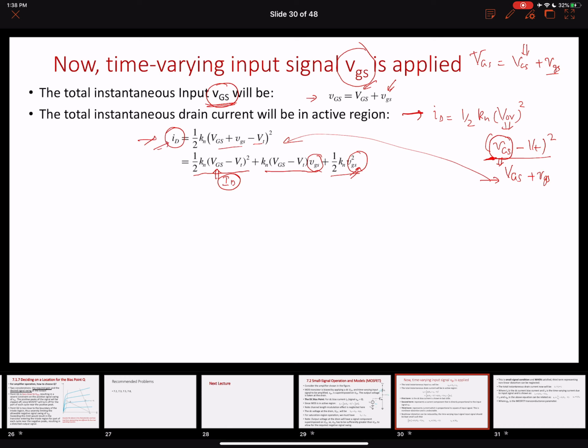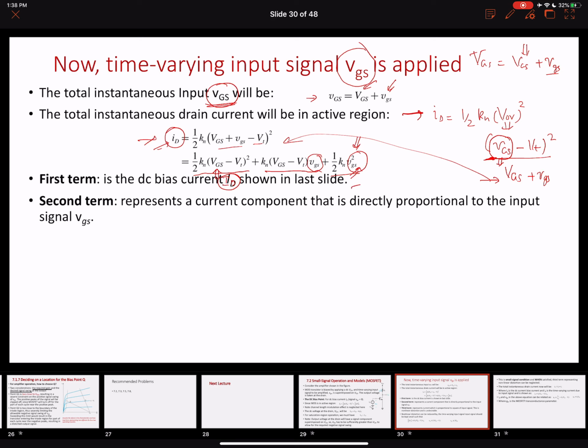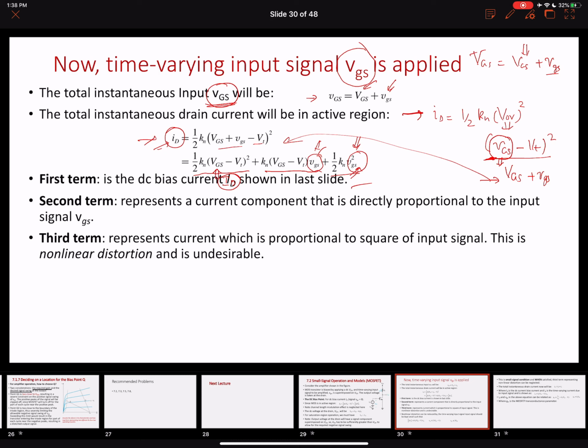So if I want to operate my transistor as a linear amplifier, meaning that as I change my input voltage my output current will be linearly amplified, I want to make sure that I minimize the third term. This first term is the same DC bias current that I talked about. The second term shows our direct linear proportionality, and the third term is the nonlinear distortion because of the vgs whole square.